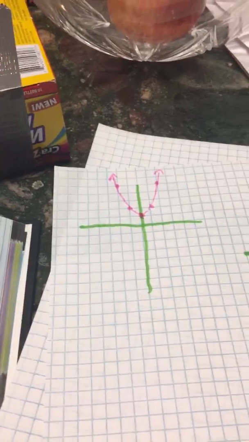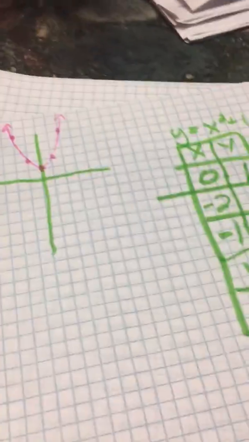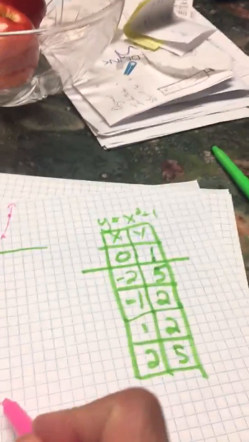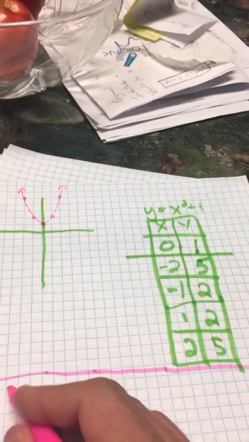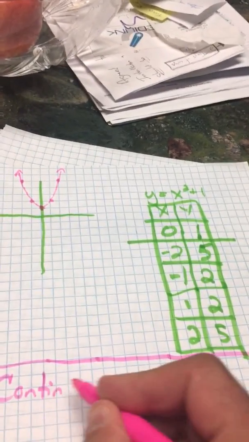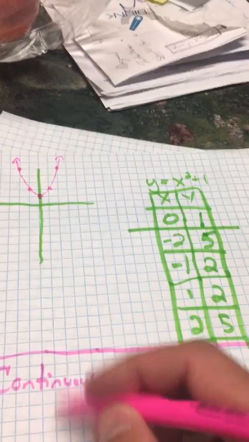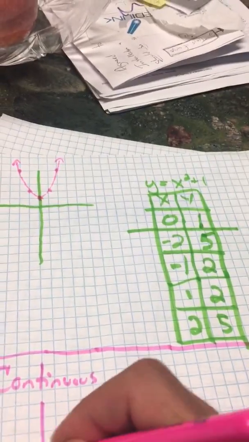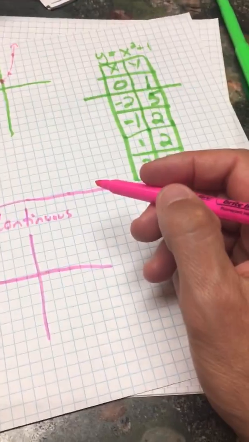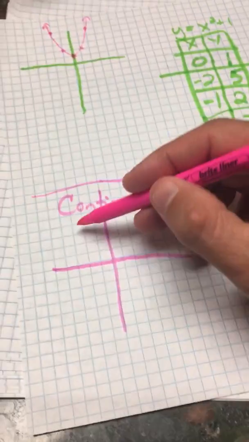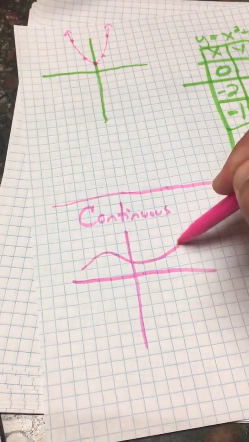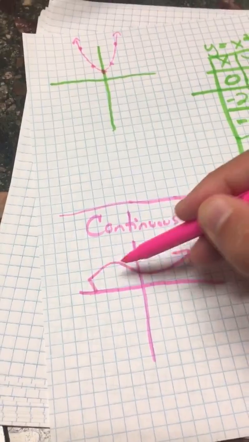This section, this chapter, this 4.4. The only other thing they mention are what's known as either continuous functions or discrete functions. Real easy. A continuous function, when you graph it, is connected. All the points are connected. You're going to see something where it's connected. There's not like a point, a point, a point, a point.